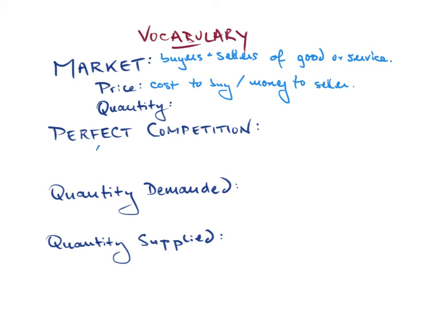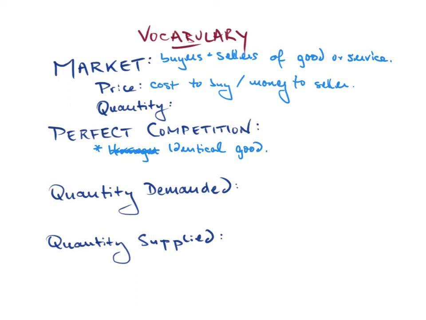That means really three or four things. One is it is a homogeneous, let me do away with that word, an identical good. Everyone is selling the same thing, and think of gasoline. All the different gas stations are selling more or less the same regular unleaded gasoline.